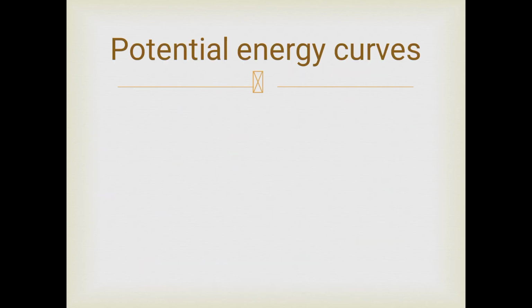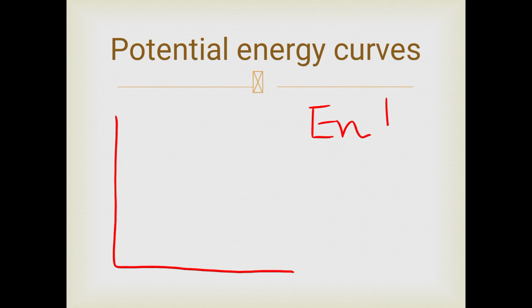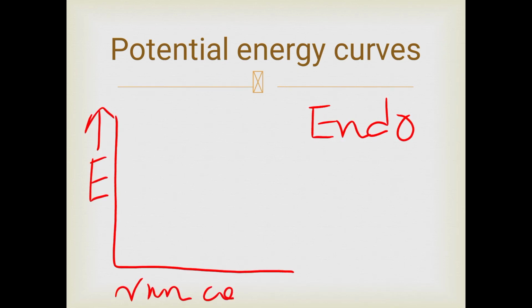Is it understood? So we know that with the catalyst the reaction proceeds at a faster rate. Also you need to remember all the properties that a good catalyst shows. Coming ahead with potential energy curves, this potential energy curve shows the graph for endothermic and exothermic reactions. Here I am plotting the graph for endothermic reaction. So here is my energy. On the x-axis I have my reaction coordinate, and my graph looks somewhat like this.